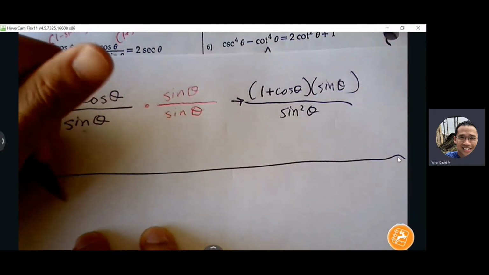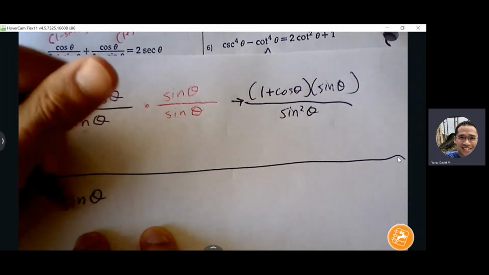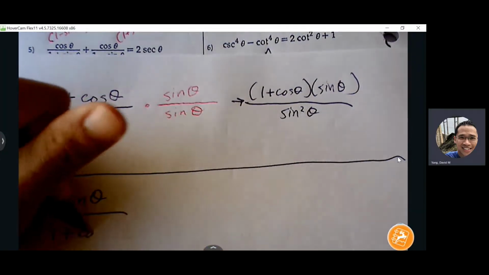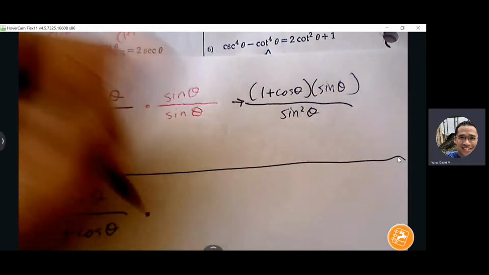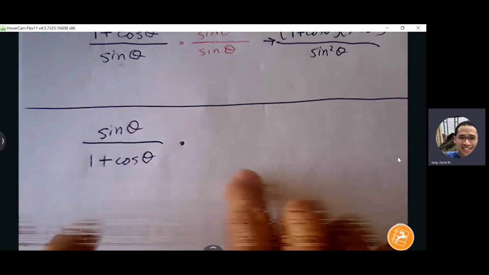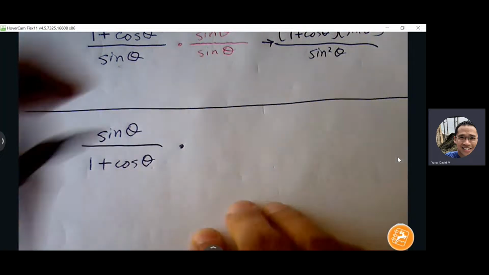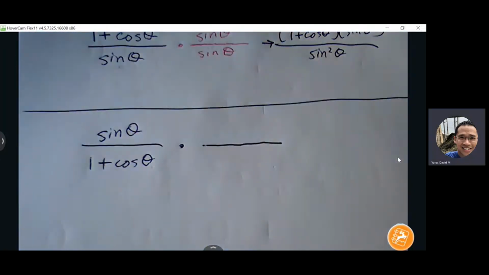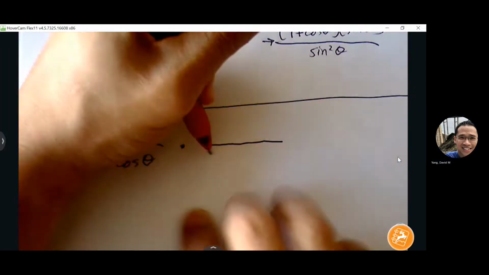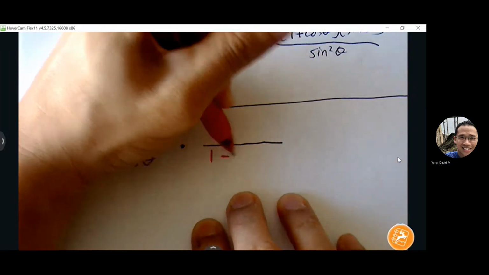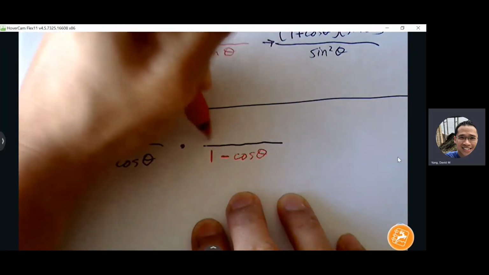Here's another option. Let's say I had sine of theta over 1 plus cosine of theta. Another option that you could do to make something out of nothing is multiply it by the conjugate of that denominator. What's the conjugate of 1 plus cosine theta? 1 minus cosine theta.